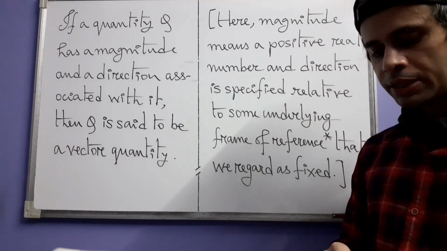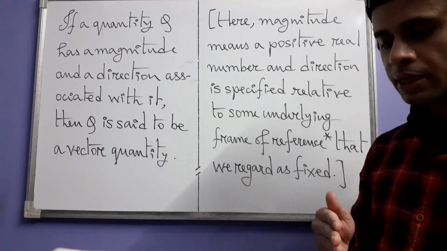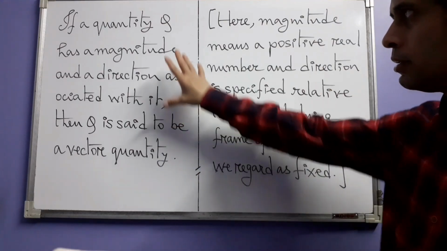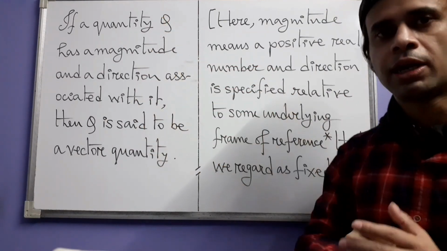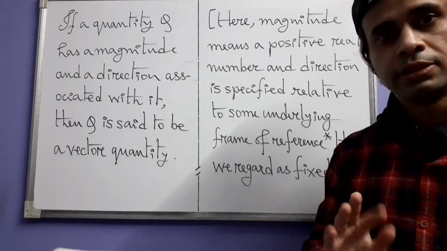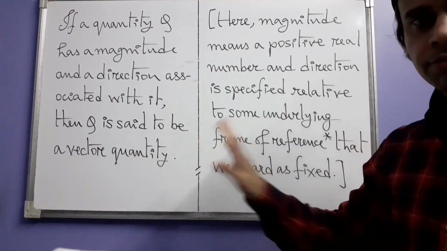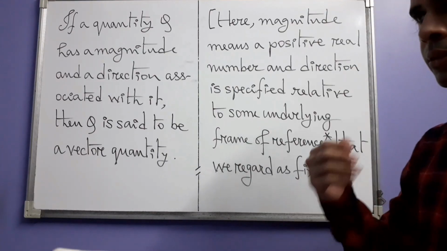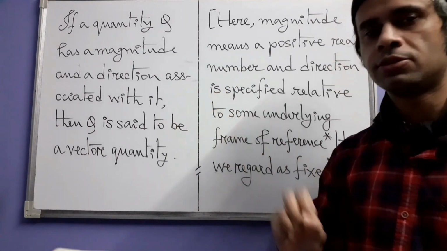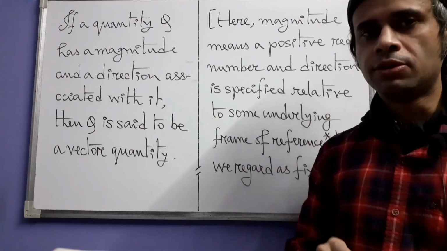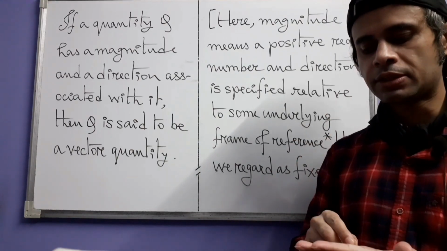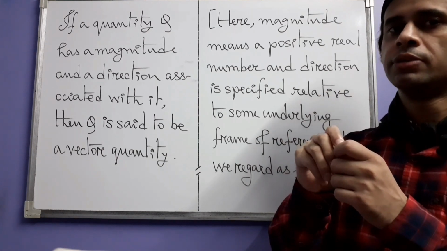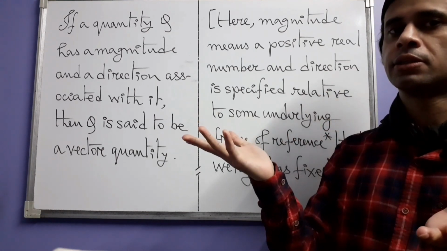Well, the 0 vector, I am getting ahead of myself because I just now said the 0 vector. Note that this is the definition of a vector quantity, not a vector. There is a difference. That difference will become clear when we next define vectors separately. But just for the sake of making this situation more clear, you think of the 0 vector. The 0 vector is like a point in space which has a magnitude associated with it which is 0, but there is no direction.